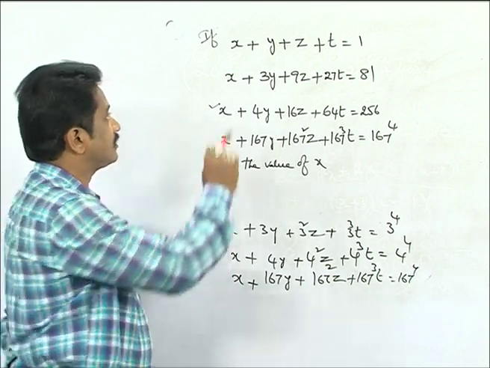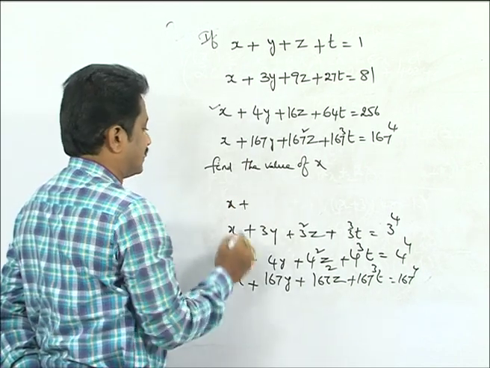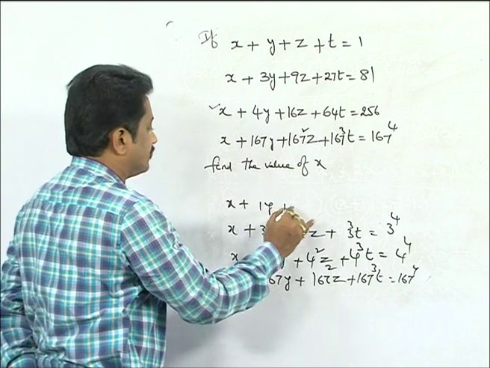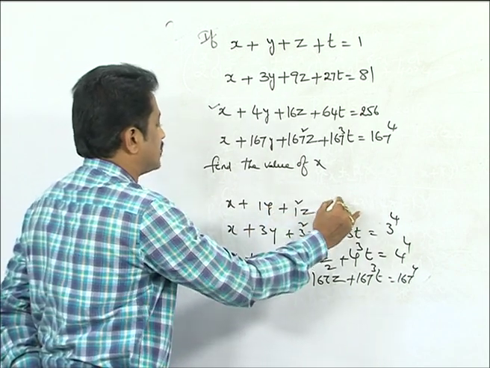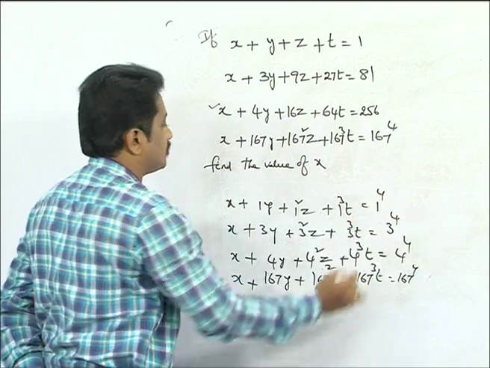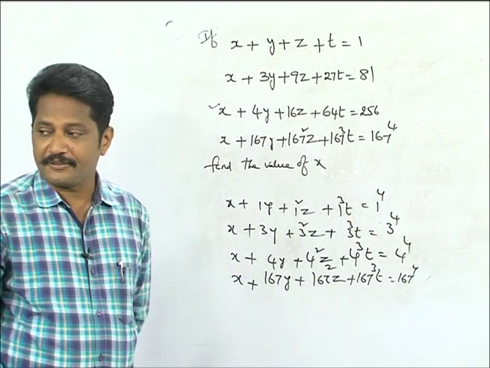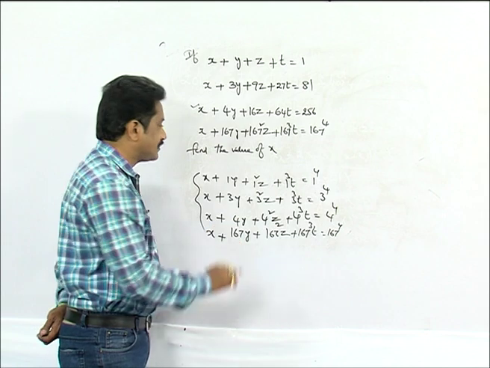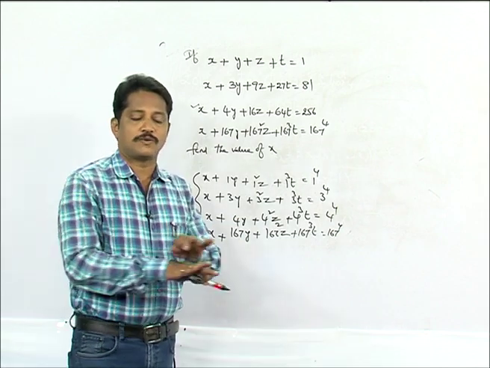Okay, now coming to the next one. The first one, x plus 1y plus 1 square z plus 1 cube t equal to 1 to the power of 4. So, if you are able to write all these equations in this format, the question is over.